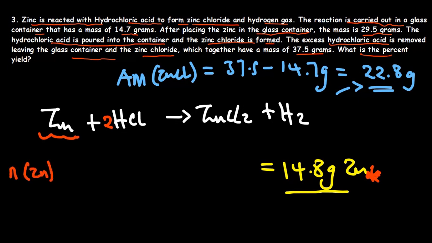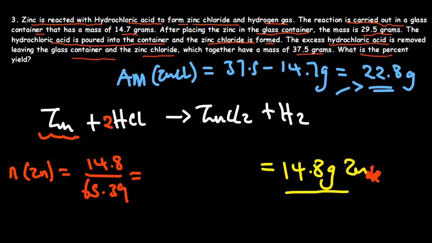So moles of zinc is going to be equal to 14.8 divided by its molar mass. Okay, its molar mass is 65.39. So when we divide this, what are we getting? So we go to our calculator.